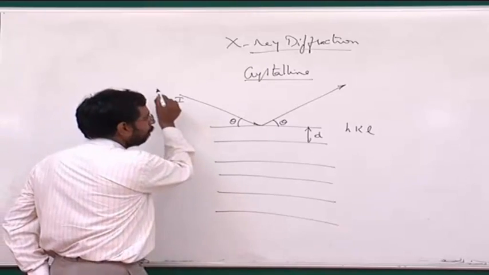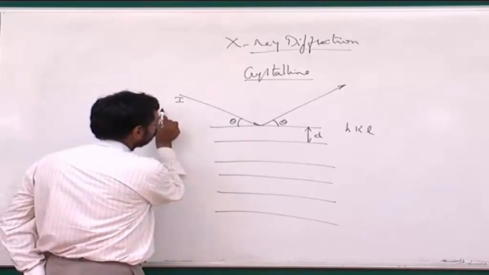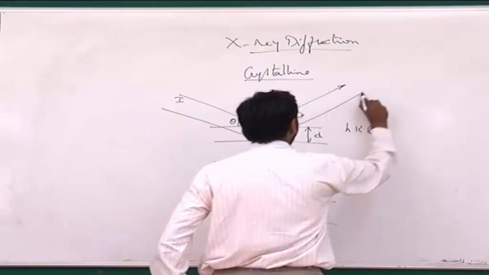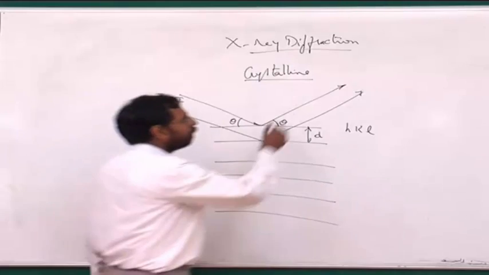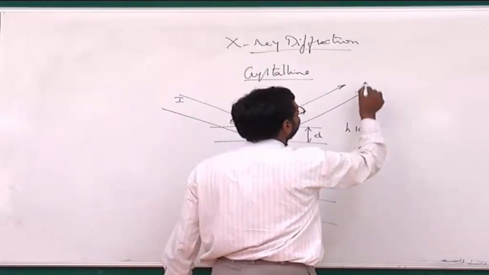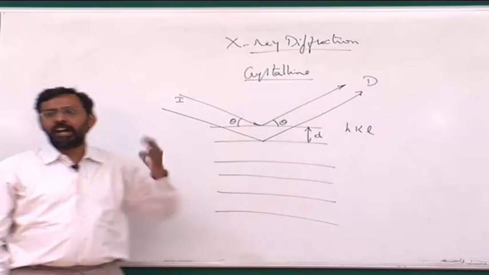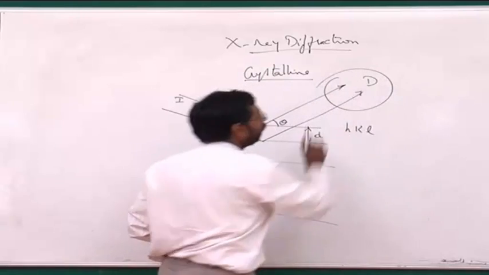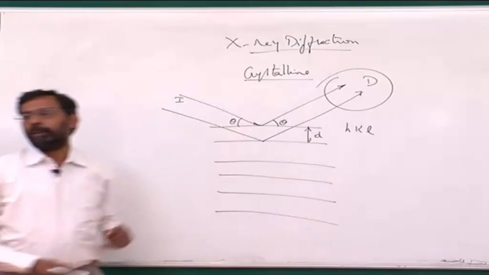Now if I look at a set of parallel X-ray beams, with another beam parallel to this one falling on the crystal and again getting diffracted like this, whether the diffracted beams coming out have an intensity or not depends on whether there is constructive interference between these beams coming from parallel planes.